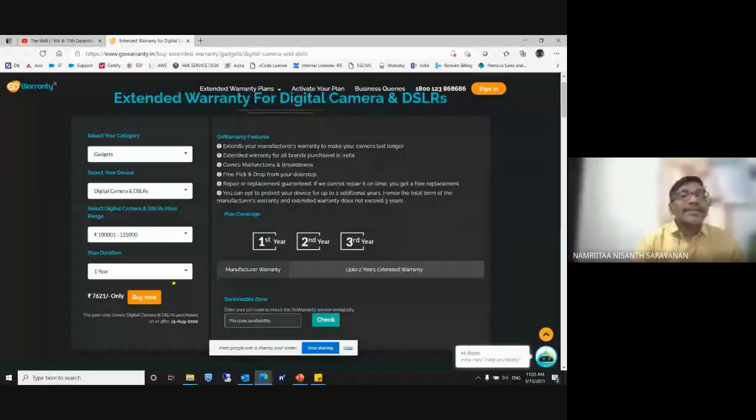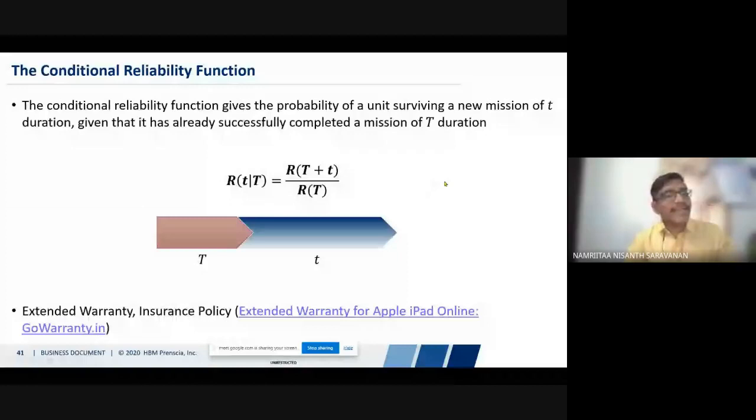Now the question is how this calculation happens behind the scenes. That is where the reliability subject lies. This is the reason we are stressing the extended warranty policy with a conditional reliability calculation. If you ask for coverage of 1 year, they may have the data for this kind of camera or product, and they are able to find the chance of this camera failing for an additional 1 more year.